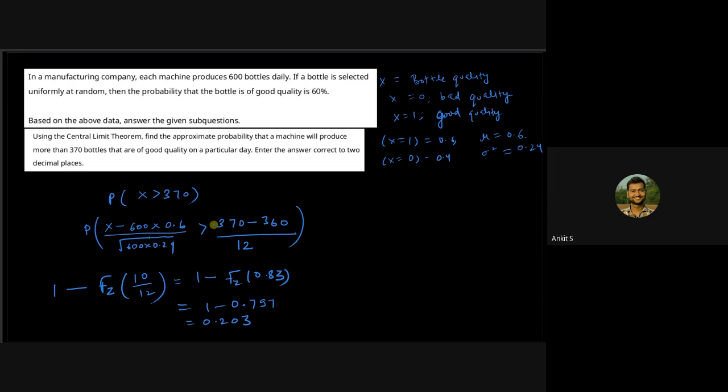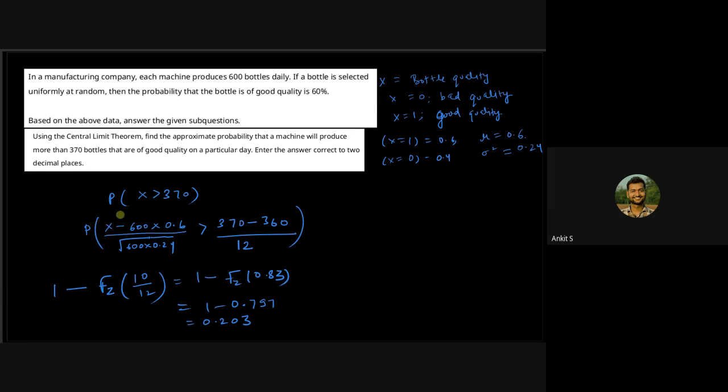We can solve this using binomial, but the calculations will be huge. Yeah, correct. The computations will be very, very huge, but this is the power of central limit theorem. We will not get the exact probability, but the precision that we will get will not be that bad.